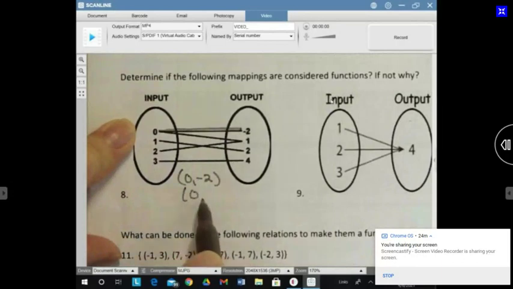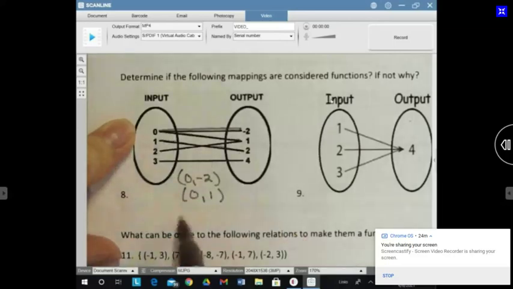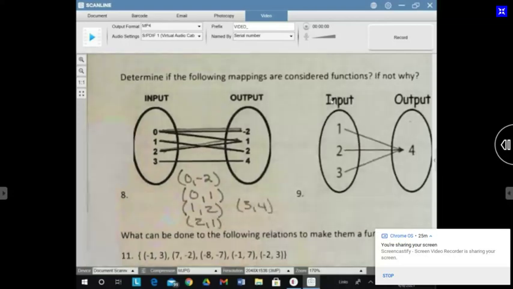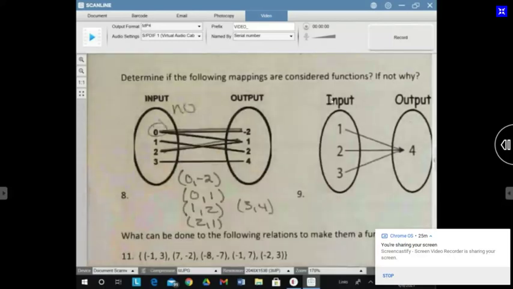And I have 1, 2. And 2, 1. And 3, 4. There's my relation. There's my set of coordinates. Do I have a function? No. The 0 repeats.